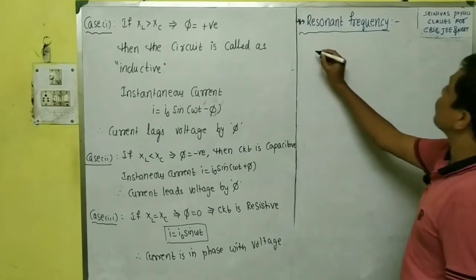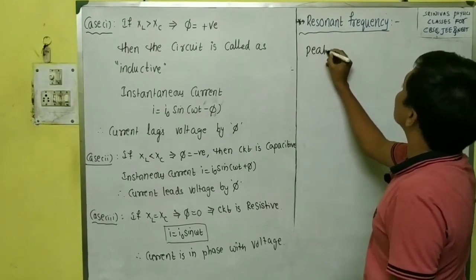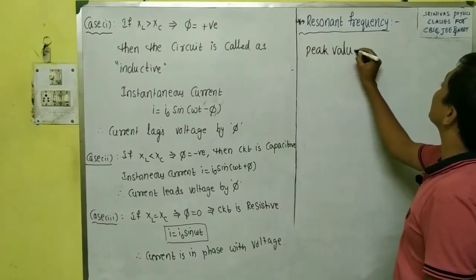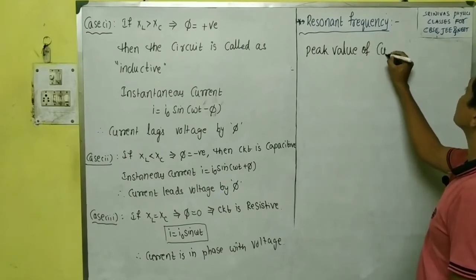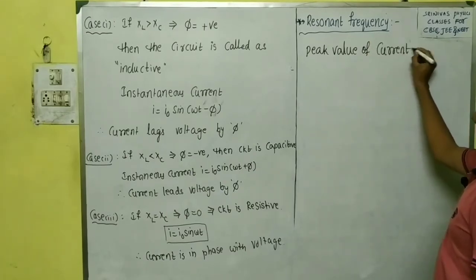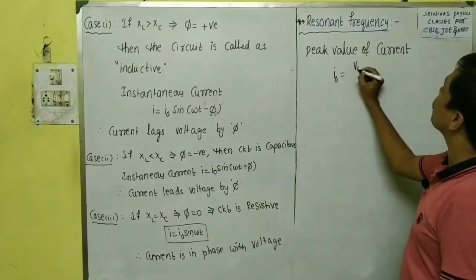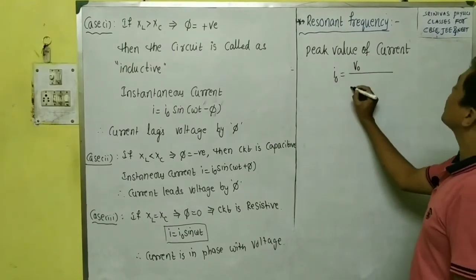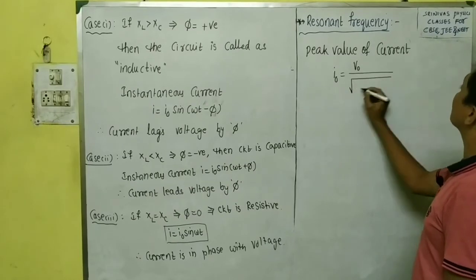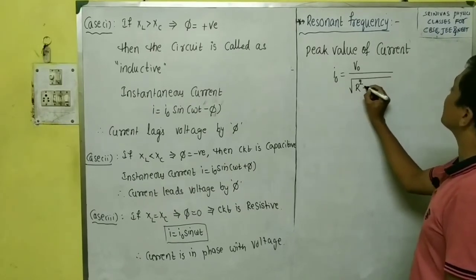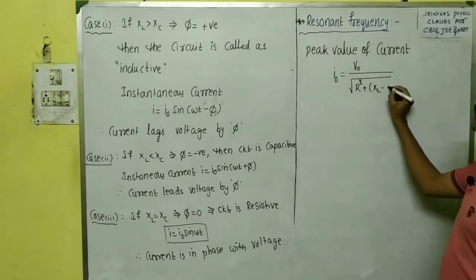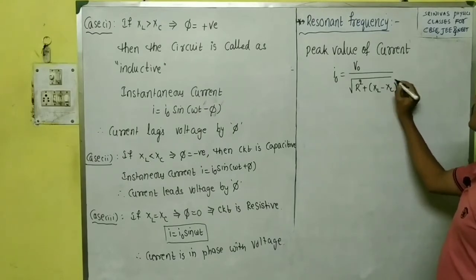Now the peak value of current in the LCR circuit, we know the formula. The peak value of current is I naught equal to V naught by Z, where Z is the square root of R square plus XL minus XC whole square.